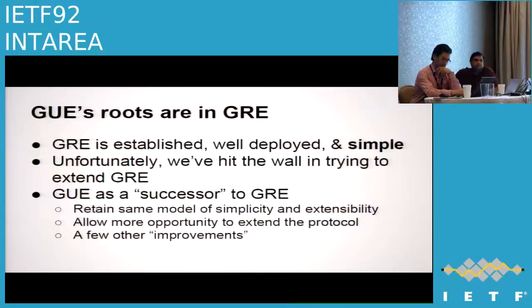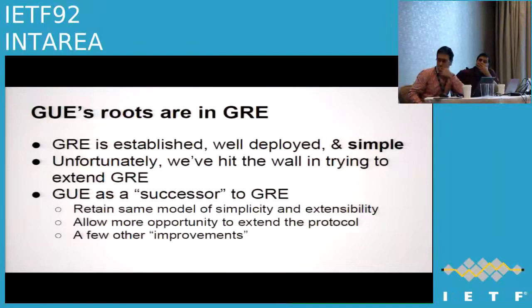So we found a way to extend it by somewhat overloading the checksum field and the sequence number field and the key ID field, but that's about it. And even if we added new fields on the edges, middle boxes that needed to do deep parsing wouldn't understand these new fields, basically because the GRE header length is computed by interpreting the field bits.